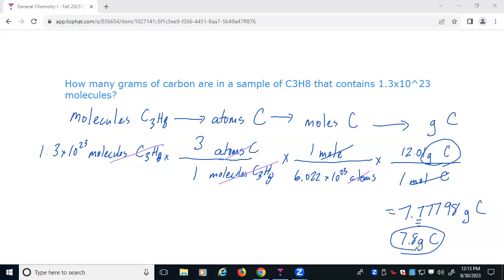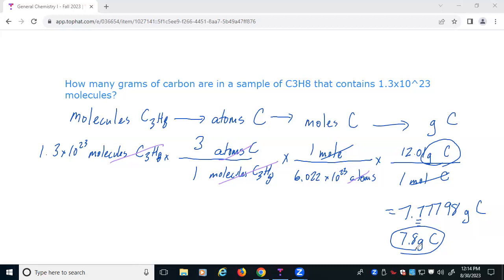So if you find a problem like this, just understand it's the same thing that we were doing on Monday. Use Avogadro's number to convert between moles and particles, whether they be molecules or atoms. Use molar mass to convert between moles and grams.